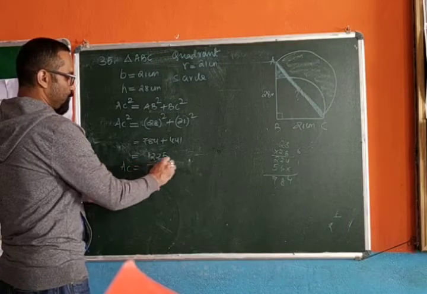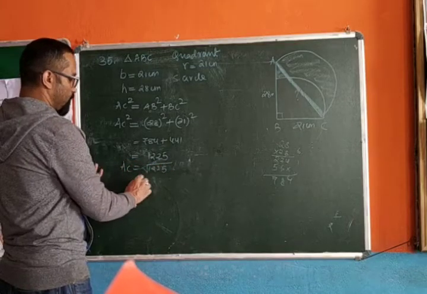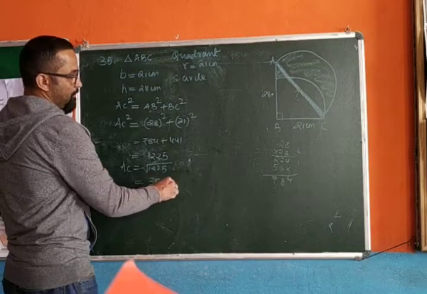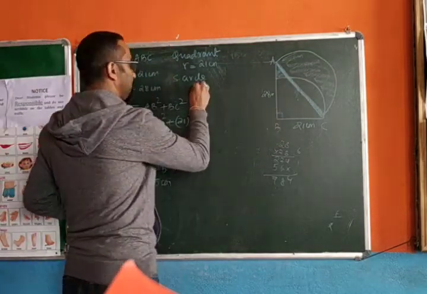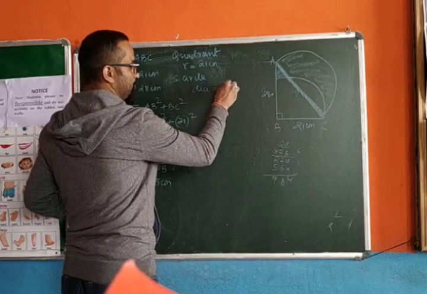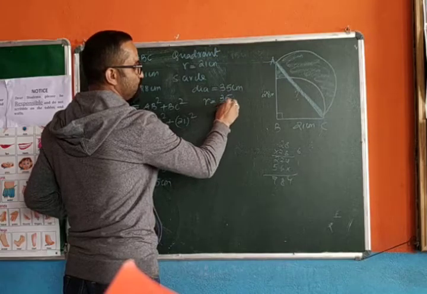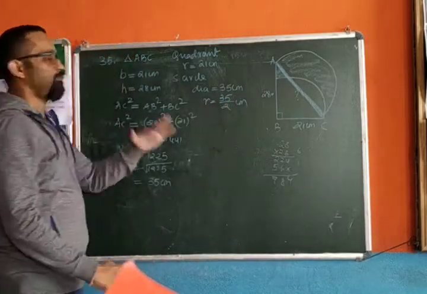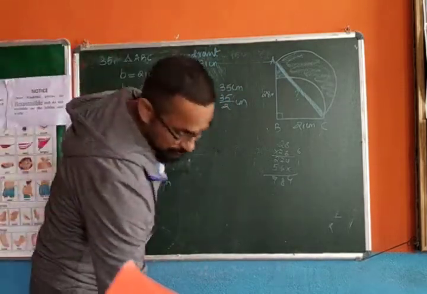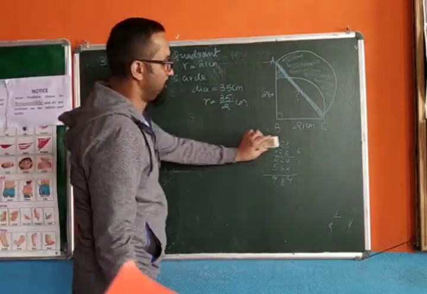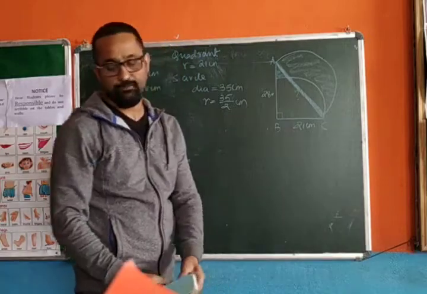AC equals root under 1225. Square root of 1225 is 35. So you know this diameter is 35 centimeter. Calculate radius: 35 by 2 centimeter. We know all the dimensions. And once you know all the dimensions, you can easily calculate the area of the shaded region.